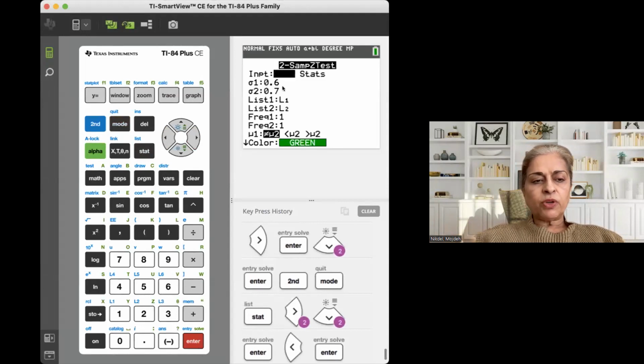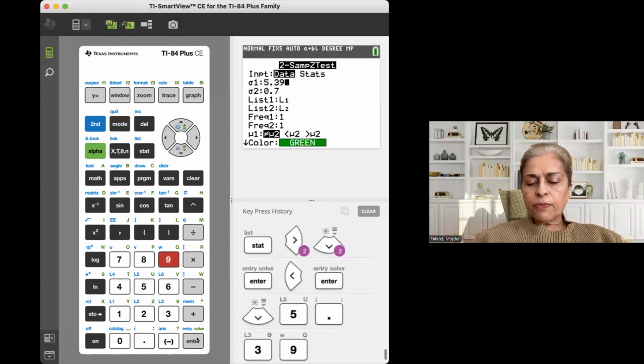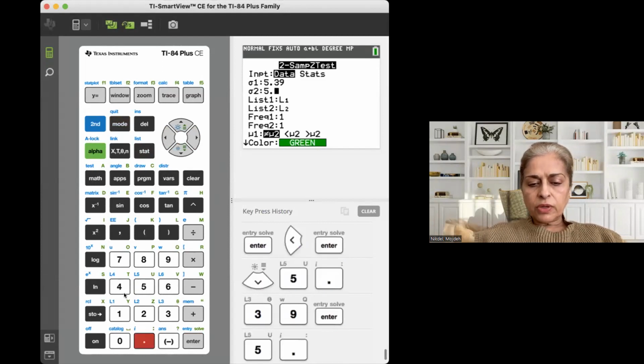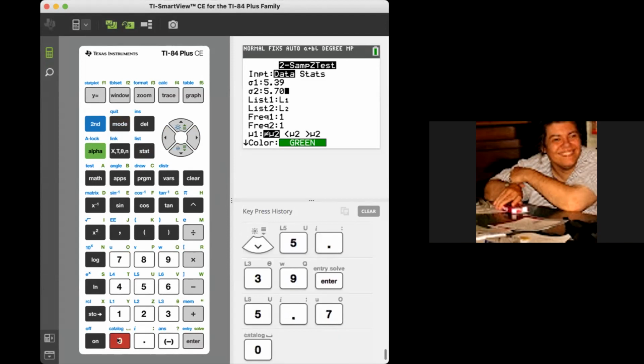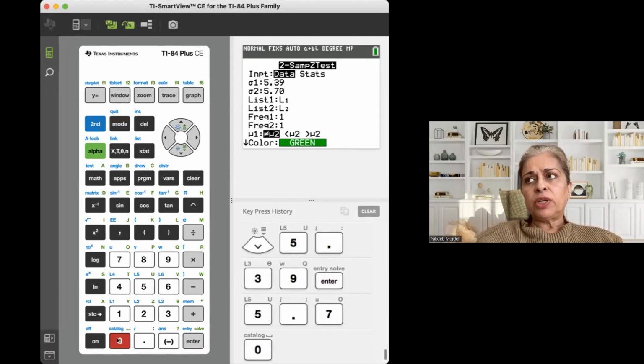Then it asks me for sigma 1 and sigma 2. Sigma 1 is 5.39. Sigma 2 is 5.70. If I don't give you sigma 1 and sigma 2, you need S1 and S2 from the calculate window.